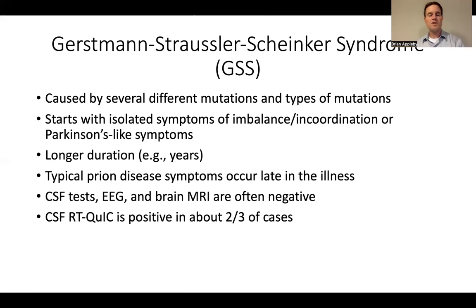RT-QuIC, which is a very specialized test that's done on spinal fluid, is positive in about 90% of all sporadic CJD, but it's not as sensitive for GSS. Only about 2/3 of cases will be positive. So it probably is, aside from, of course, genetic testing, the most helpful clinical diagnostic test, but in isolation, it will miss about 1/3 of cases.